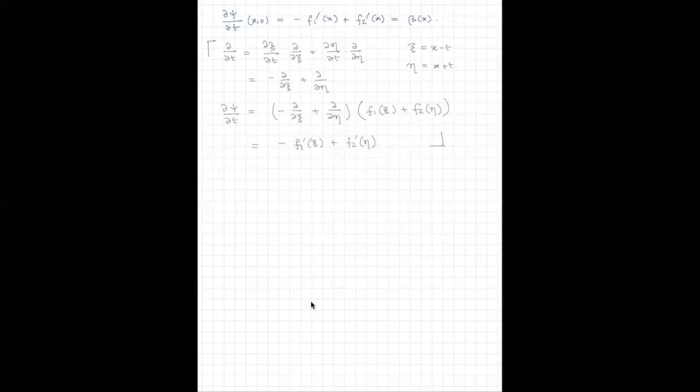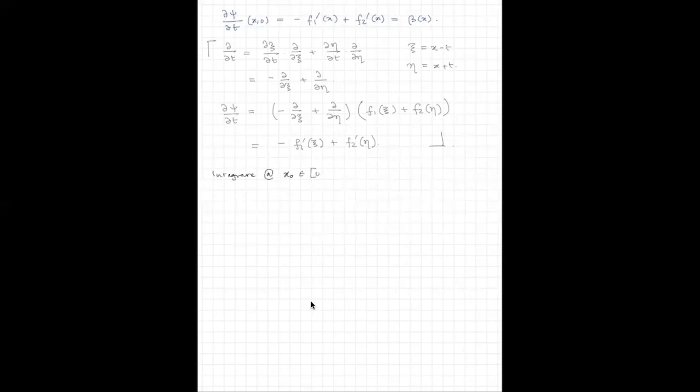Now, what can we do? Now let's do the following. We can integrate this second equation at some arbitrary point x naught.